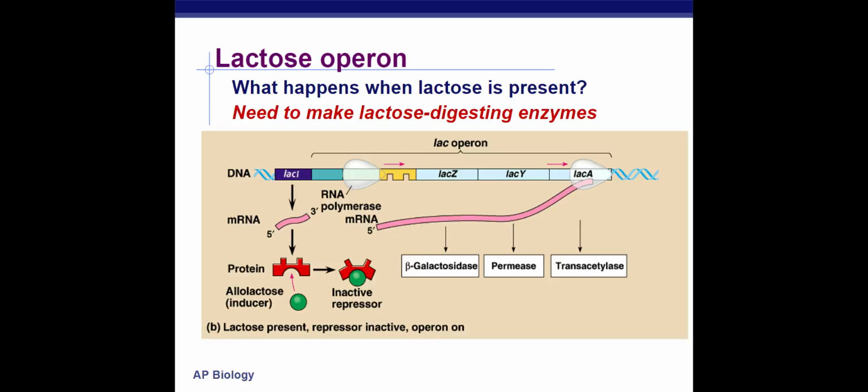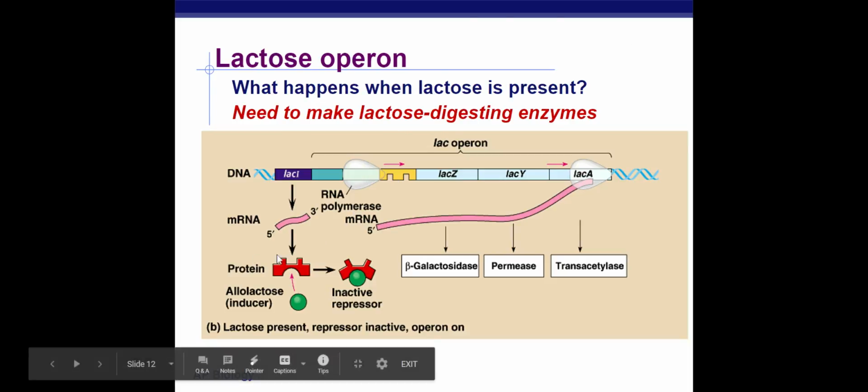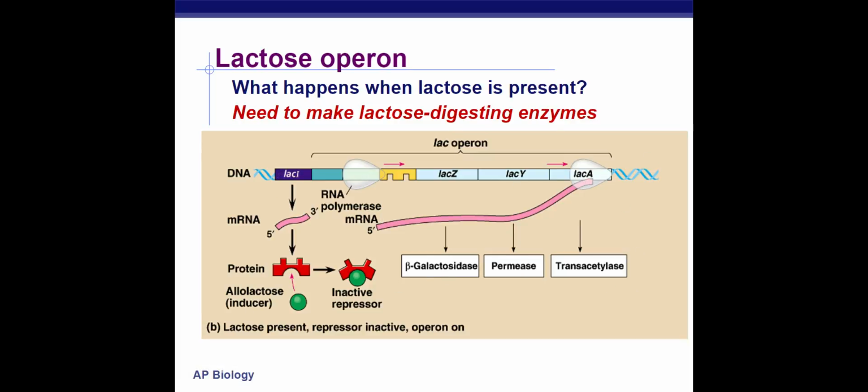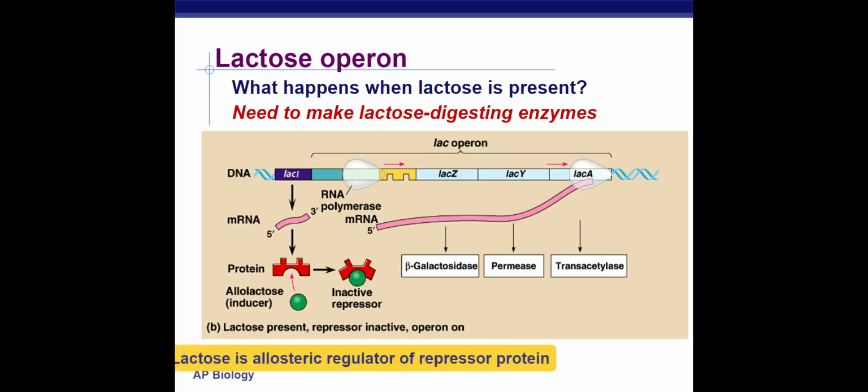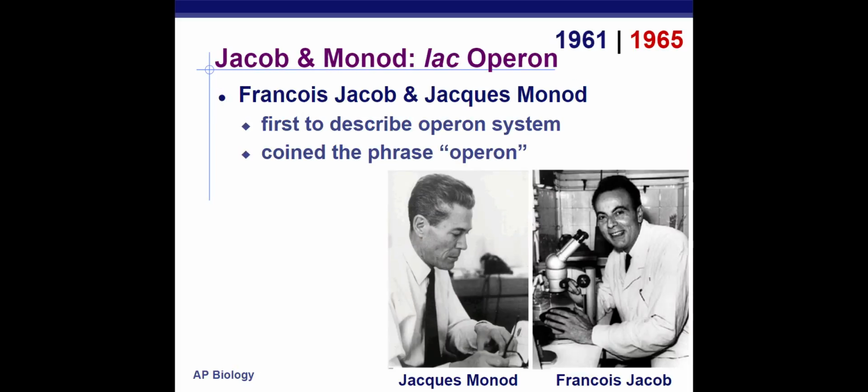Another look at that: usually it's attached, it has that shape so that it can attach, but when lactose is present, it changes its shape so it's released. We make that mRNA that codes for the enzymes to break down lactose.